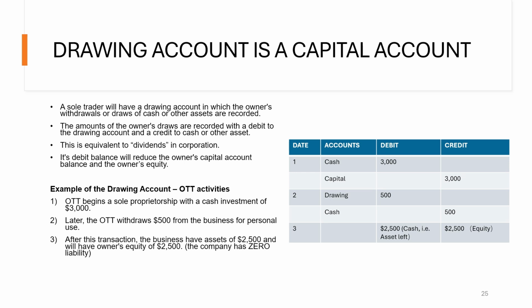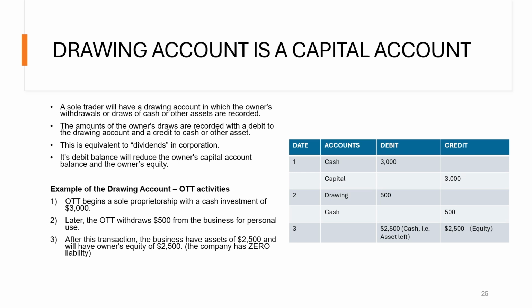Here you can see an example. This is OTT's activities. OTT began as a sole trader with a cash investment of $3,000. Later, OTT withdraws $500 from the business for personal use. So these two activities are recorded in double entry as first, cash 3,000, capital 3,000, and second, drawing 500 and cash 500.